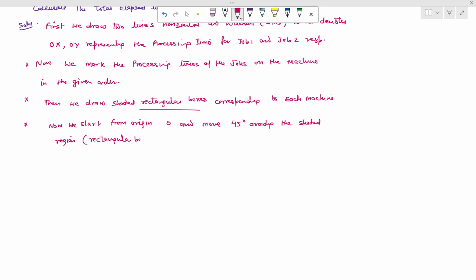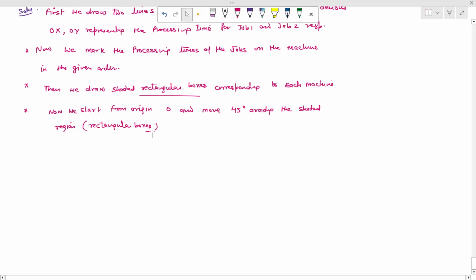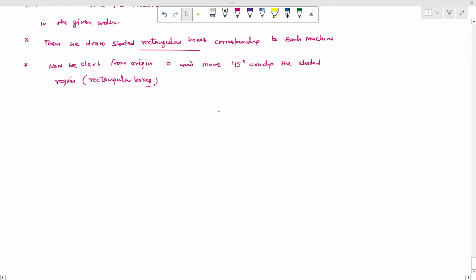Now, after writing the steps, we draw the graph.